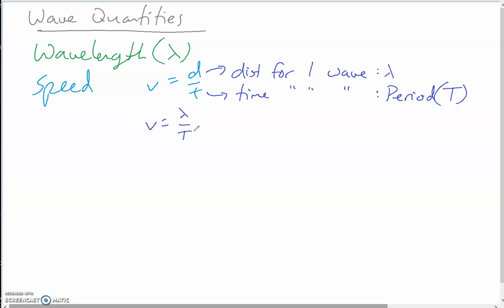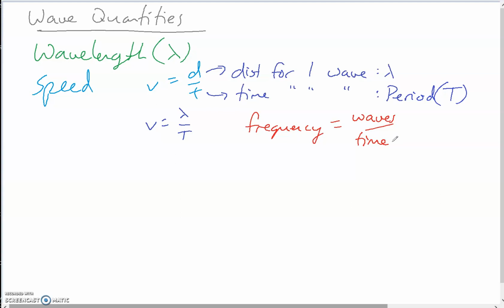Okay, now related to period is another really common quantity that you guys have heard of, and that would be the frequency. How frequently a wave occurs is a really common quantity. And frequency is defined as how many waves in a given amount of time. Okay, so frequency is how many waves there are divided by time.